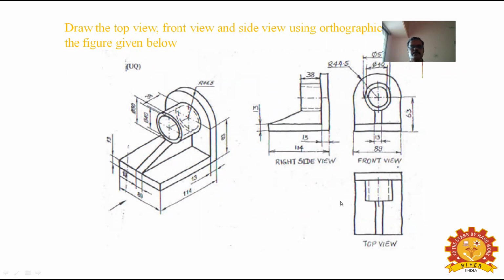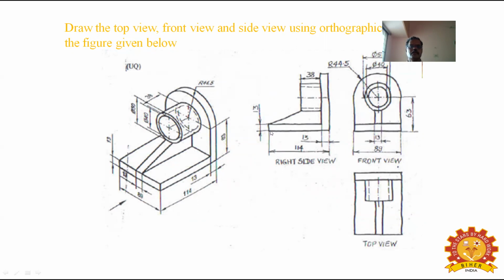Then the rib, when we view from the top, is a rectangle only, which you have to draw in the top view. Now in the front view, the thickness is 13 mm and width is 89, so 89 by 13 is a rectangle. From above that, you have to draw the semi-arc portions, and the center point from the bottom is 63.